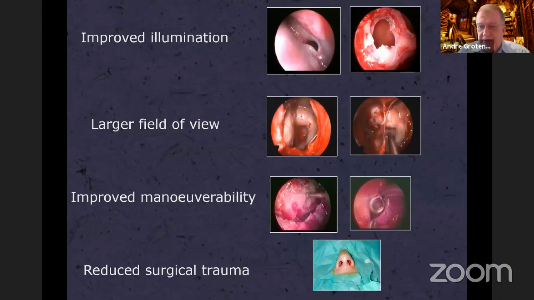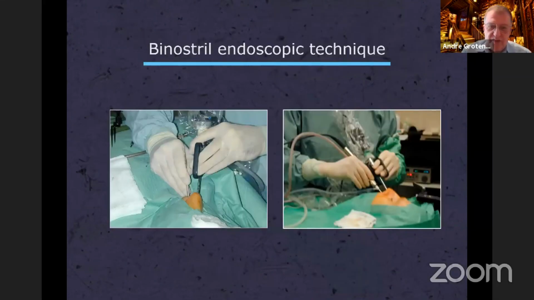It has a panoramic view, so way larger, because there was no restrictive speculum. It was easier to move your instruments, and it resulted essentially in a reduced surgical trauma.